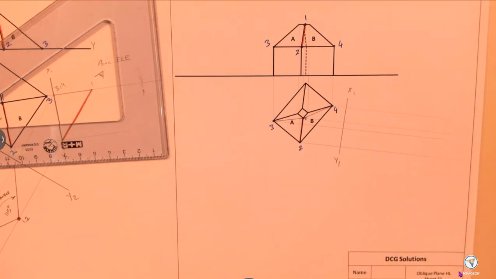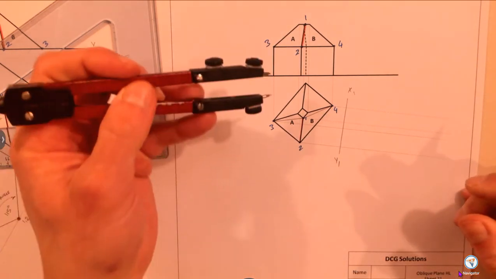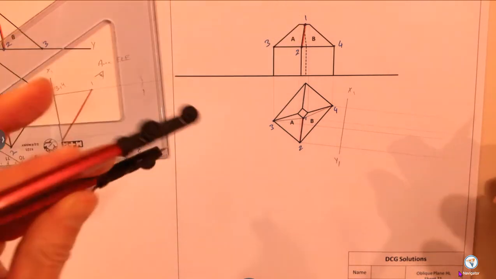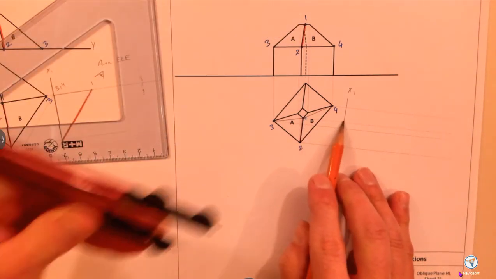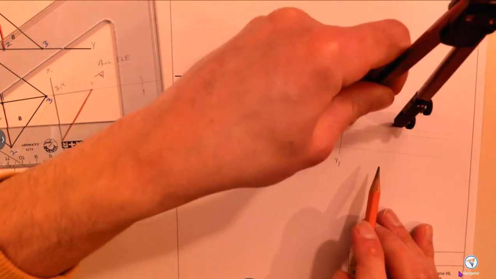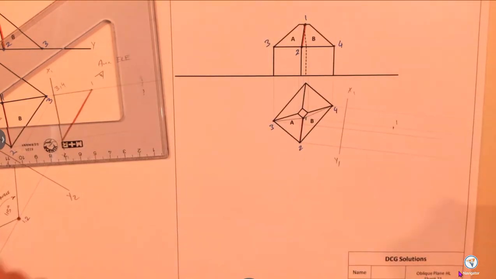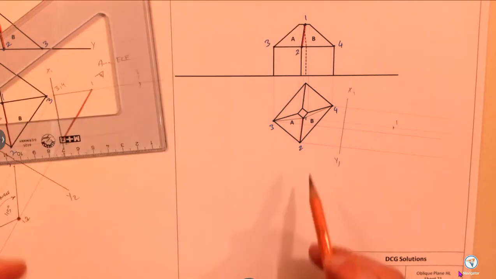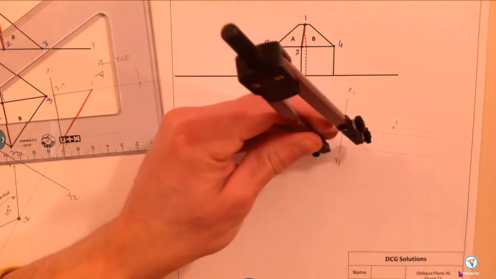It's an auxiliary elevation I'm drawing. I'm taking my heights from elevation. So the height for point 1 is here. I follow out point 1. Height for point 2, again off the XY line. I project out point 2.